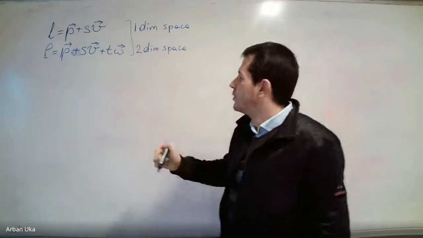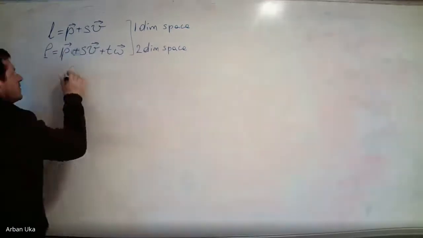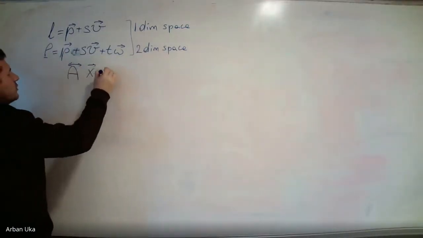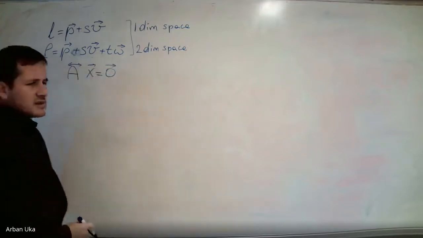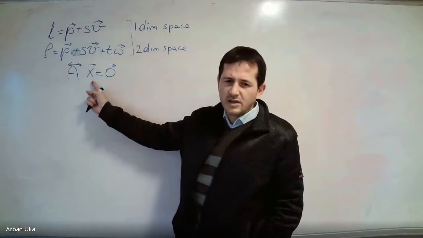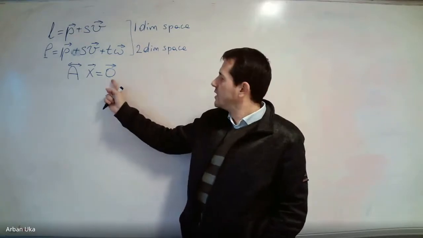For example, we have a system of equations that can look like this: Ax equal to 0. This is a system of equations where the coefficient matrix is A, the unknown values are in x, and we get a 0.